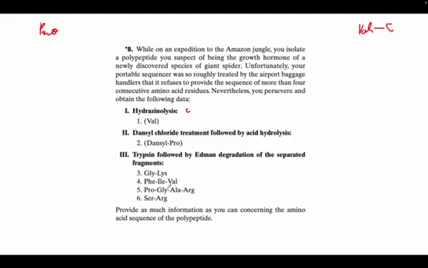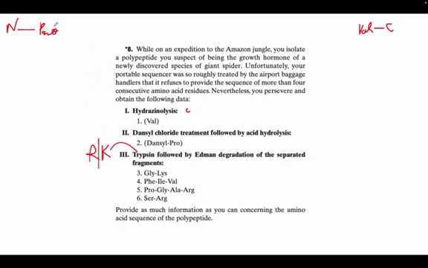Okay, now we have trypsin followed by Edman degradation of the separated fragments. Now what we know is trypsin will cleave after arginine or lysine. And what we also know is the N-terminal and C-terminal residues of this amino acid sequence. So what we have to do now is piece together these fragments to recover the amino acid sequence.